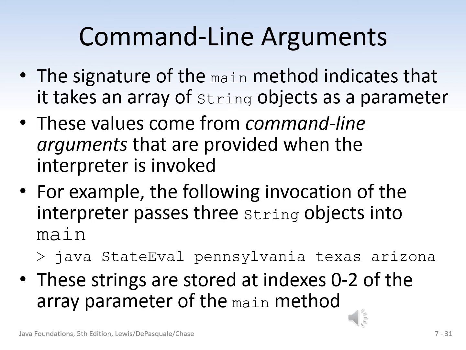In this case, we're passing to StateEval during invocation 3 strings, Pennsylvania, Texas, and Arizona. And they're going to be stored at indexes 0, 1, and 2 of the array parameter of the main method. So just hang on a second and we'll edit, compile, and run a small program from the command line.